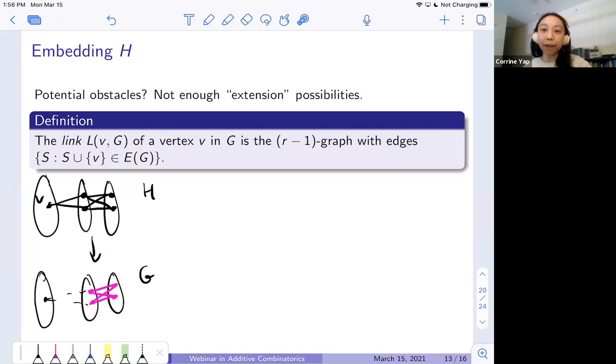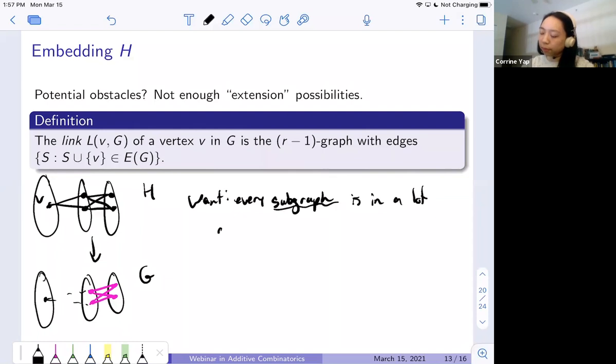Now I want to say every subgraph like this is in a lot of links, so that I have a lot of ways to extend in G. So that I have a lot of ways to extend this subgraph to a vertex in G.